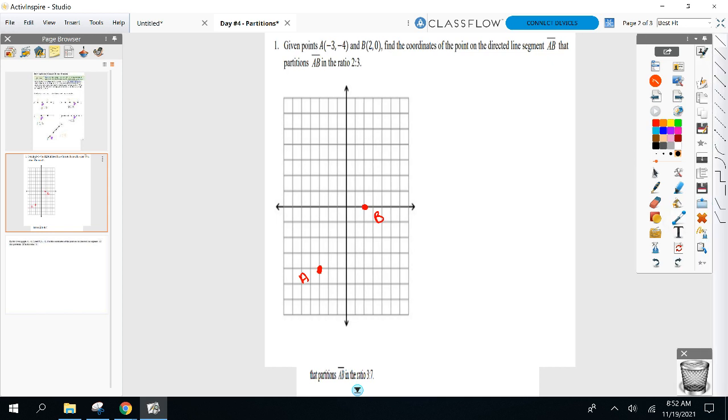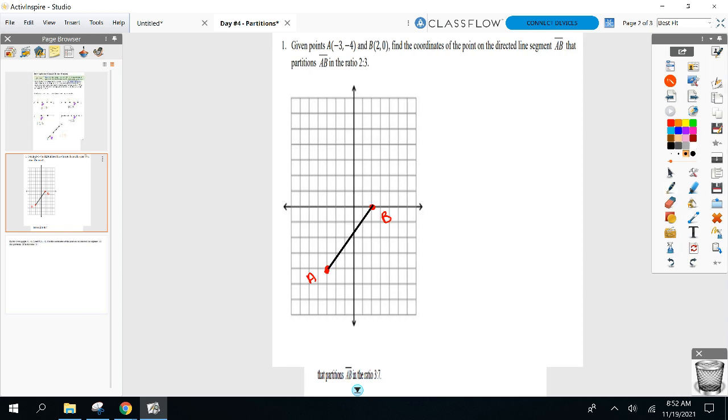Yep, nice little straight edge coming out. All right, you ready?